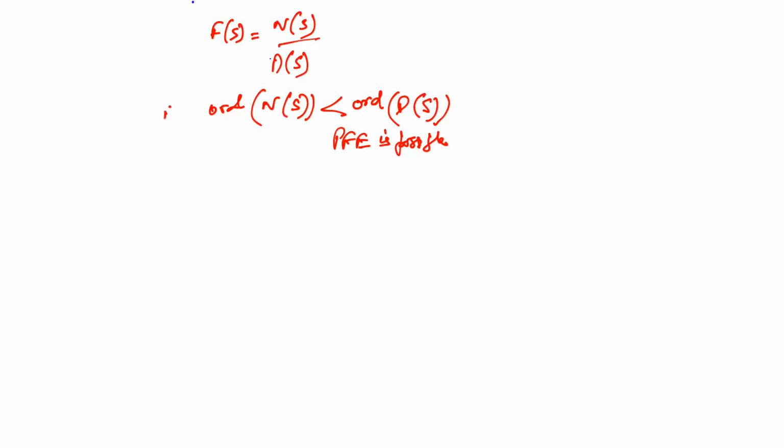Now second case: if the order of the numerator is greater than or equal to the order of the denominator, then we divide N(s) by D(s) successively until the order of N(s) is less than the order of D(s).